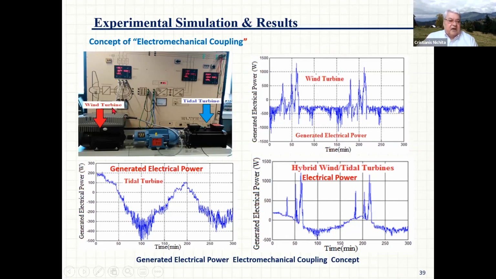On the left side, we have the wind turbine. On the right side, we have the tidal turbine, and we have a camshaft with a doubly-fed asynchronous generator connected to the grid.